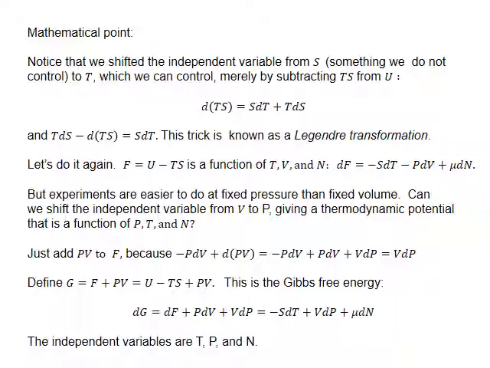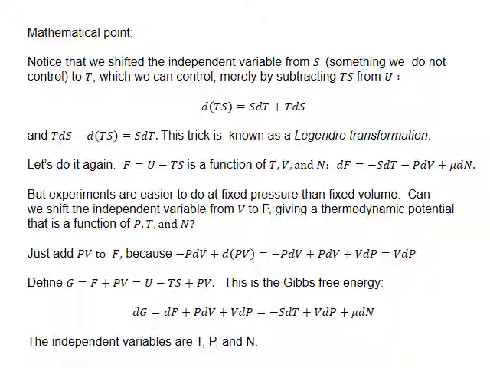I did this simply by subtracting TS from U. I'm now talking about math. I noticed that the derivative of TS, by the product rule, means that when I subtract that from TdS, I get SdT. This trick is known as a Legendre transformation. It's basically the mathematical term for shifting between two different variables. And what I'd like to do is make sure we understand it.